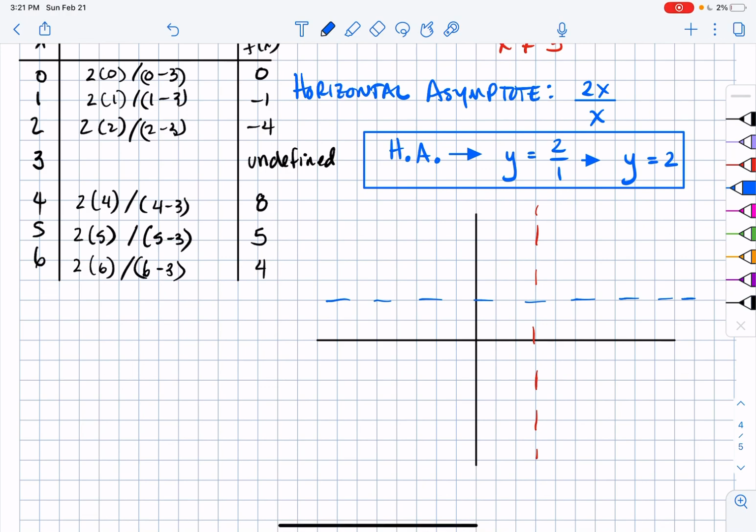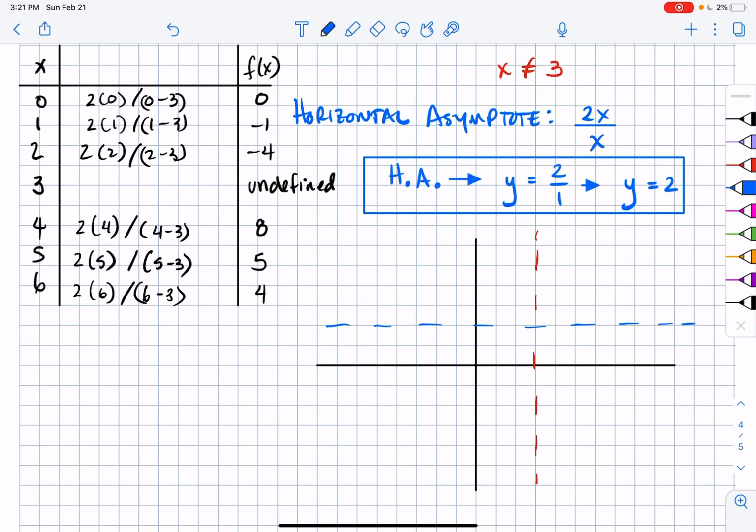If I plot these, 0 is 0, 1 is negative 1, and 2 is negative 4. So this graph is going to do something like that.